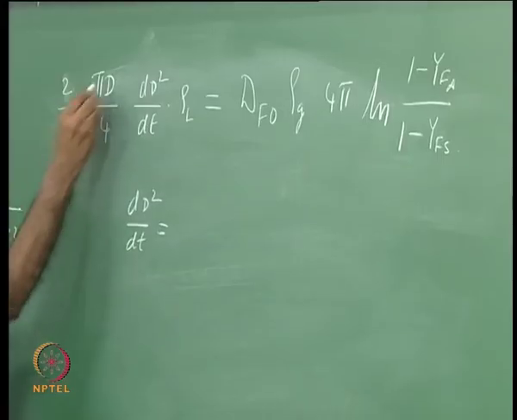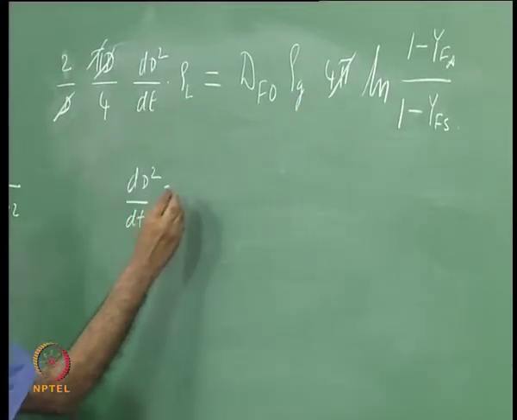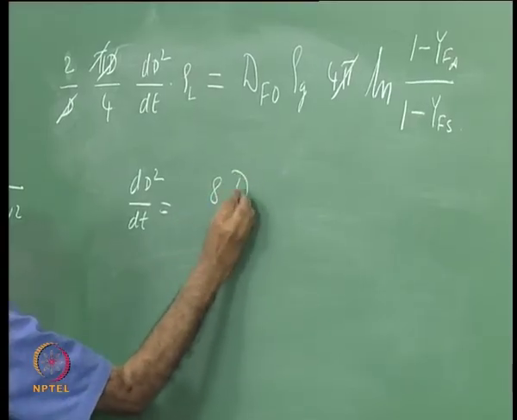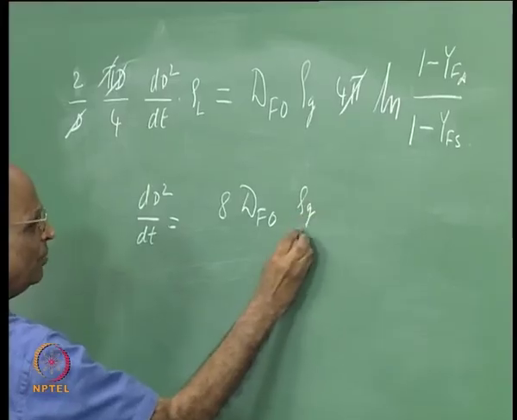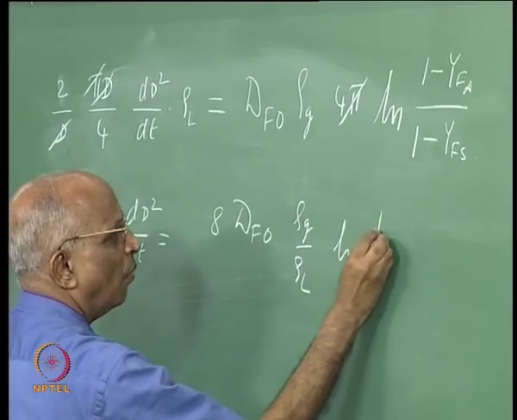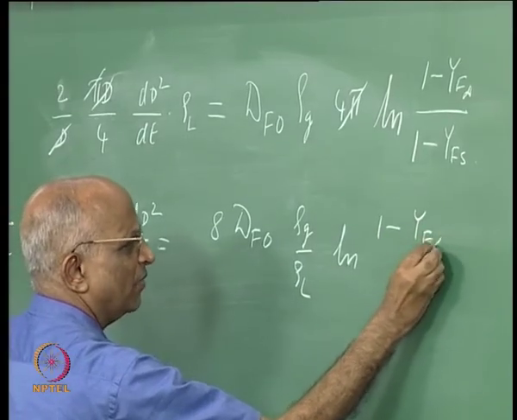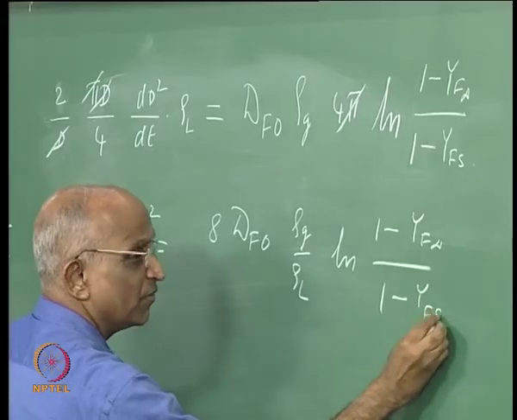This D and this D cancel, pi and pi cancel, 4 fours are 16, therefore it becomes 8, diffusion coefficient of fuel in oxygen into rho g by rho l into ln of 1 minus Yf at infinity divided by 1 minus the mass fraction at the surface.